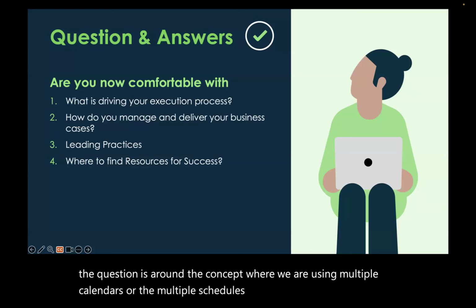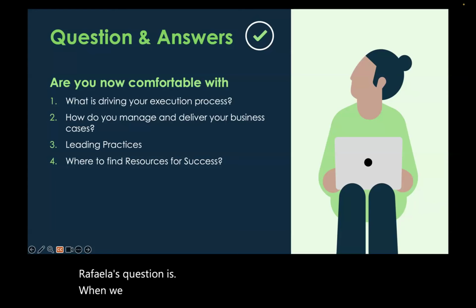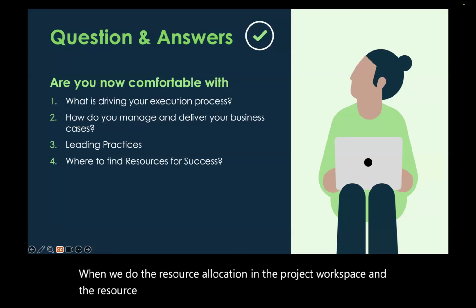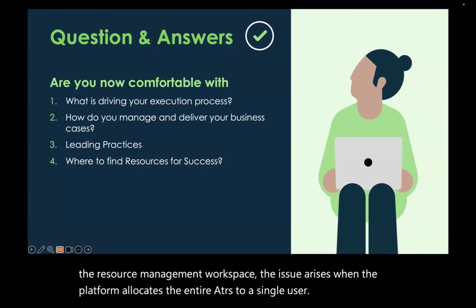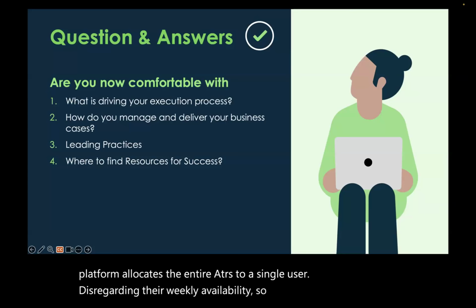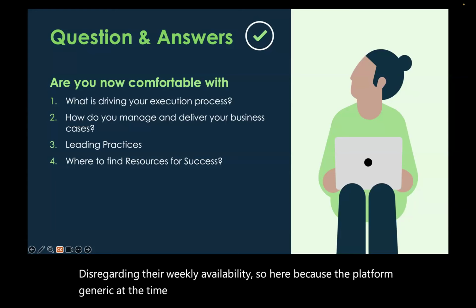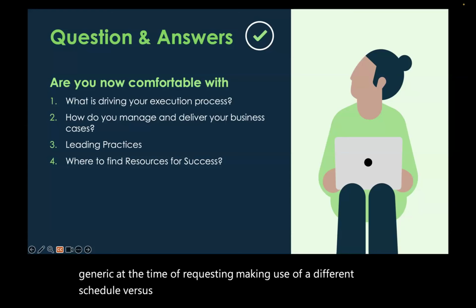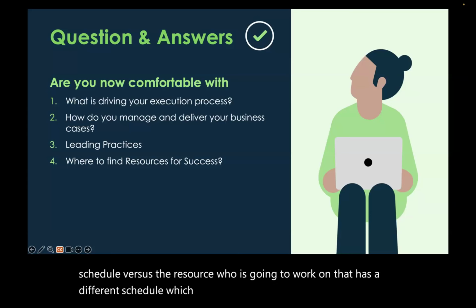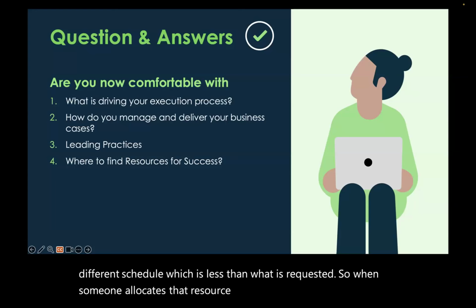When we do the resource allocation in the project workspace and the resource management workspace, the issue arises when the platform allocates the entire ATRs to a single user, disregarding their weekly availability. The platform, at the time of requesting, makes use of a different schedule, versus the resource who is going to work on that, who has a different schedule which is less than what is requested. So when someone allocates that resource, it basically over allocates the person.